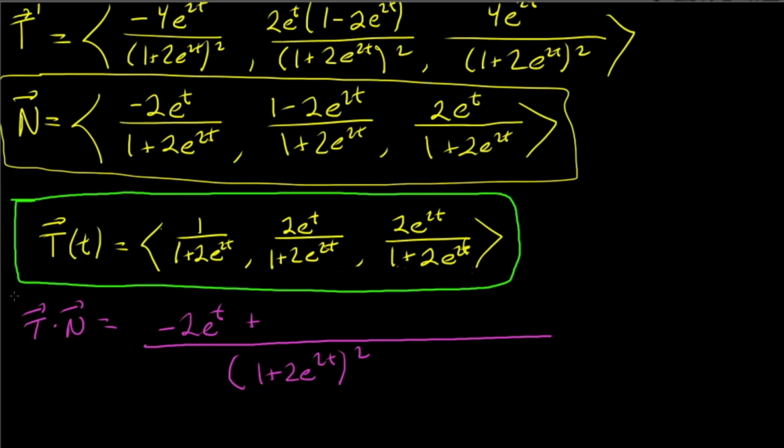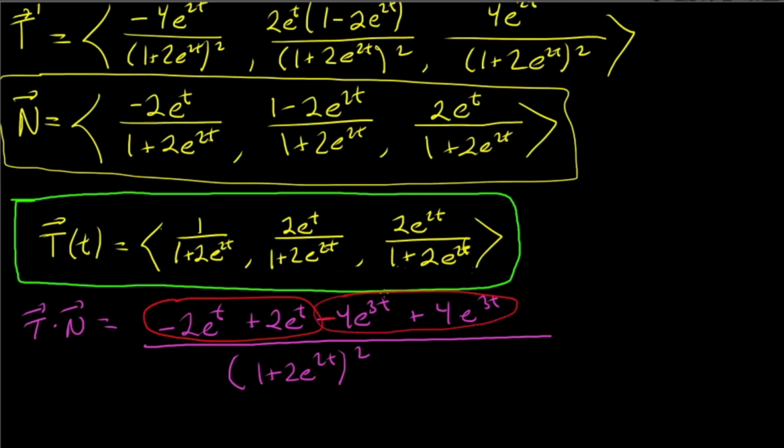So 2 e to the t times, so 2 times negative 2, negative 4 e to the 3t, and then plus 4 e to the 3t. So looks to me like these add up to 0, these add up to 0. That was a minus sign here, not a plus. So yep, you do get 0.